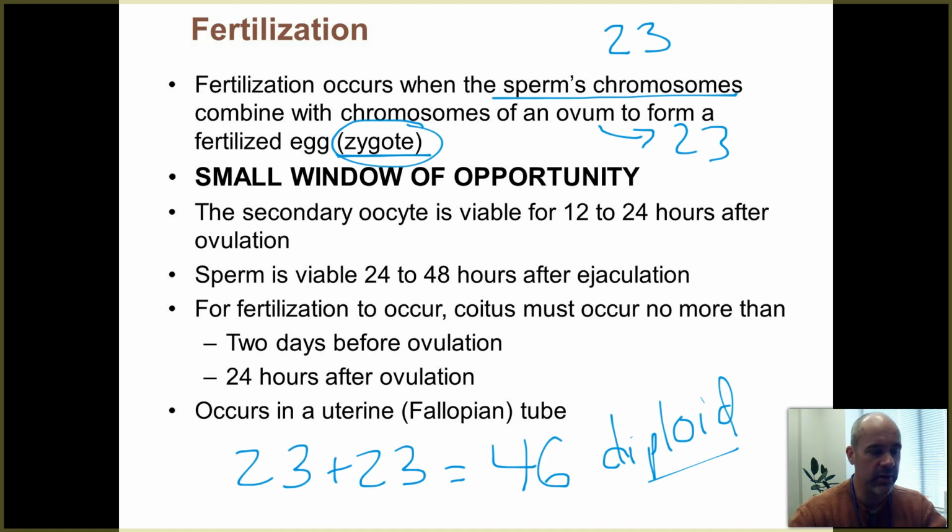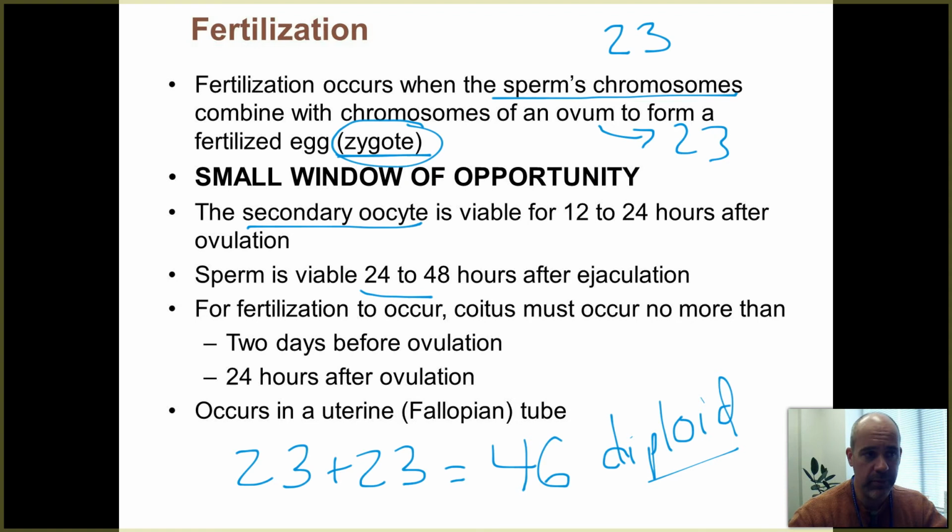So ovulation occurs, the secondary oocyte enters the fallopian tube, and it's actually only viable for 12 to 24 hours after ovulation takes place. Now the sperm in general are viable for a longer period of time after ejaculation. So they may have been ejaculated into the female a day or two in advance of ovulation, and they still may be able to fertilize that secondary oocyte, because they'll generally live about 24 to 48 hours after ejaculation occurs.